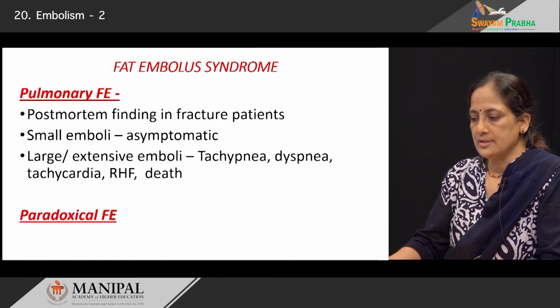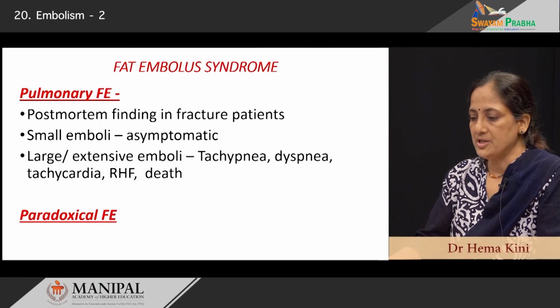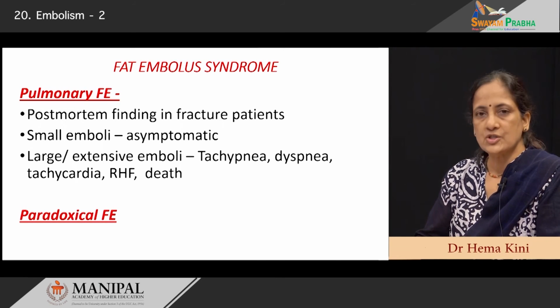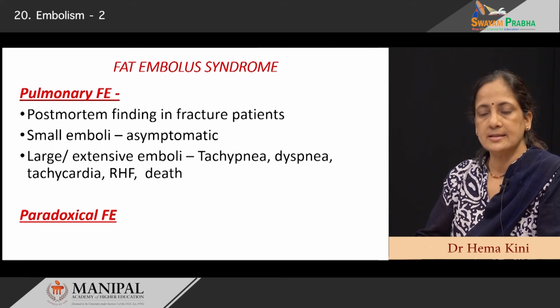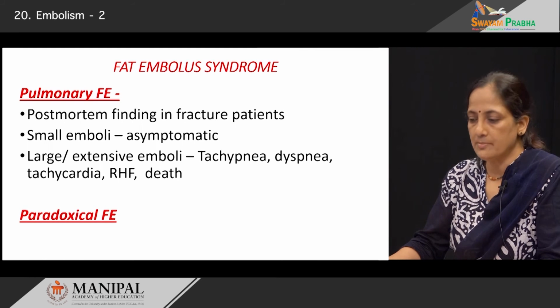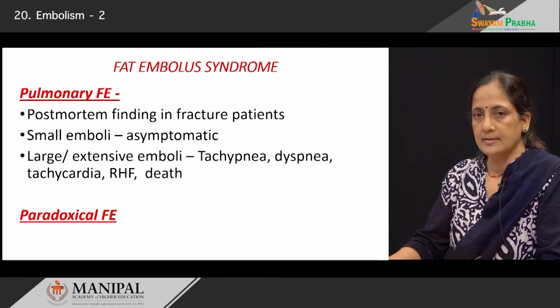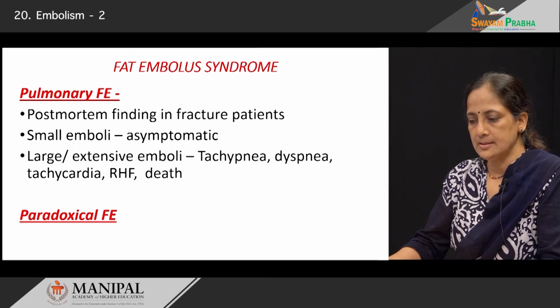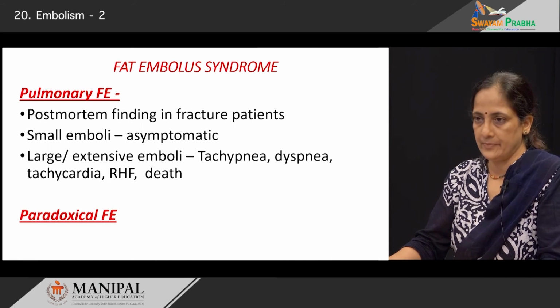Pulmonary fat embolism is seen most often in patients with fractures. Small emboli are asymptomatic; large and extensive emboli go to the right side of the heart and then into the pulmonary circulation. This in turn causes tachypnea, dyspnea, tachycardia, right heart failure and death.